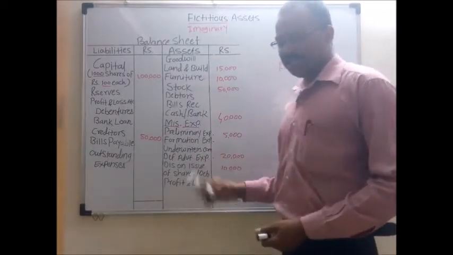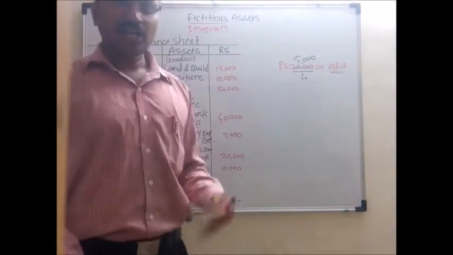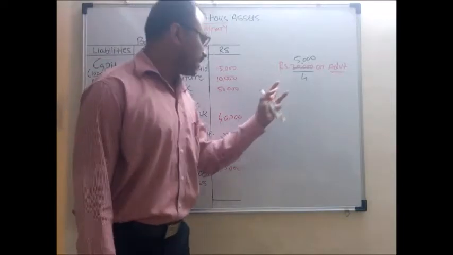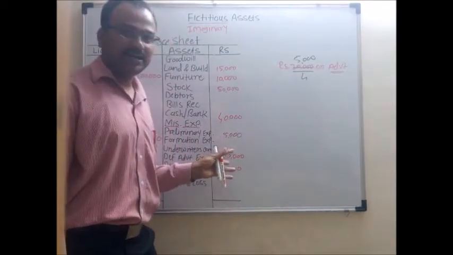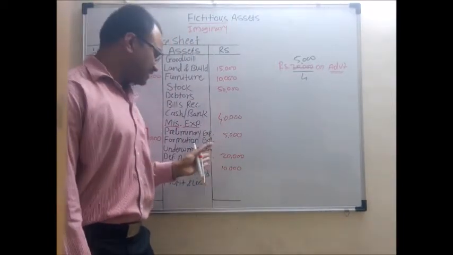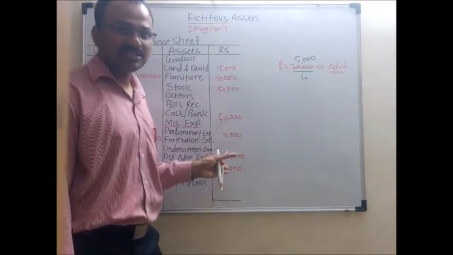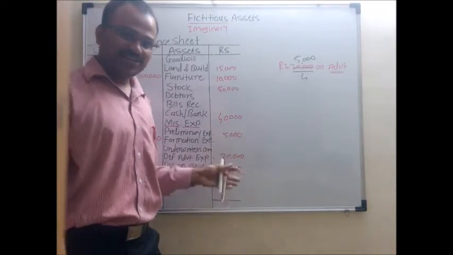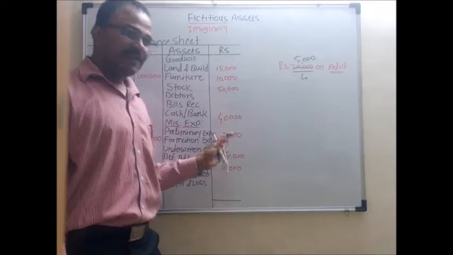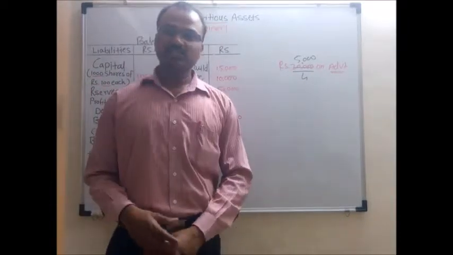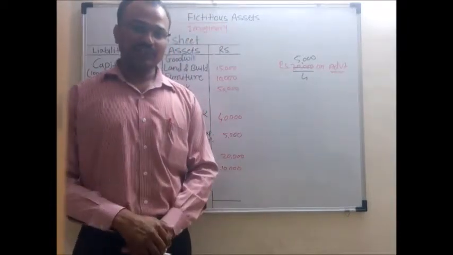So in this case, deferred advertisement expenses will be shown as a miscellaneous expenditure on the asset side, which is actually a fictitious asset. But the benefit of this expenditure is going to be received over a period of time.